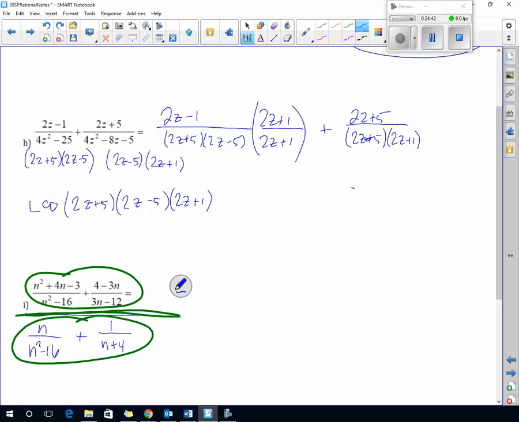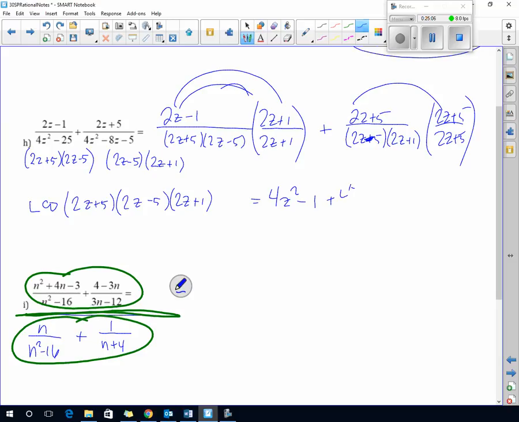So, we get 4z squared. Outer we get plus 2z. Inner we get minus 2z. So then we just get minus 1. This one we get plus 4z squared. Outer we get 10z, inner we get 10z, so we get 20z plus 25. All over this whole concoction of z's.